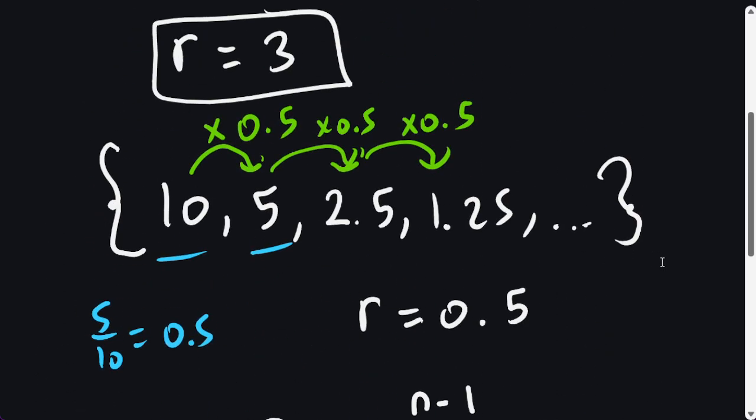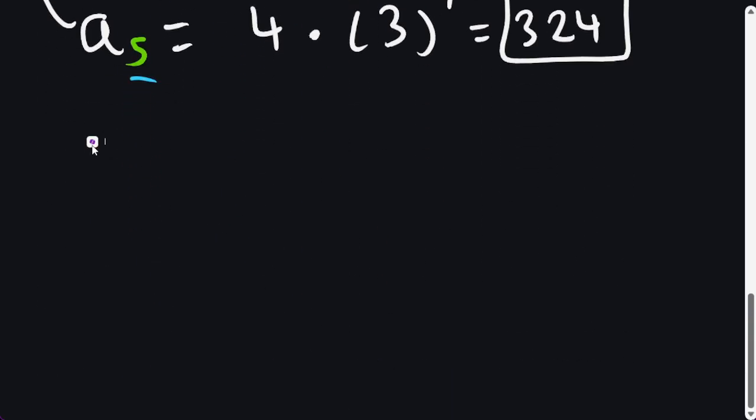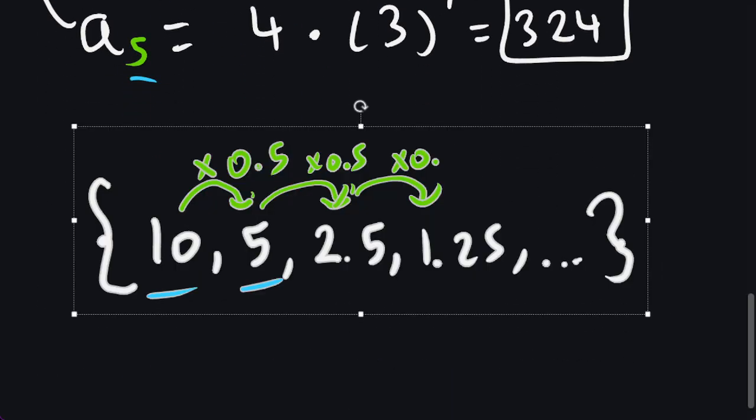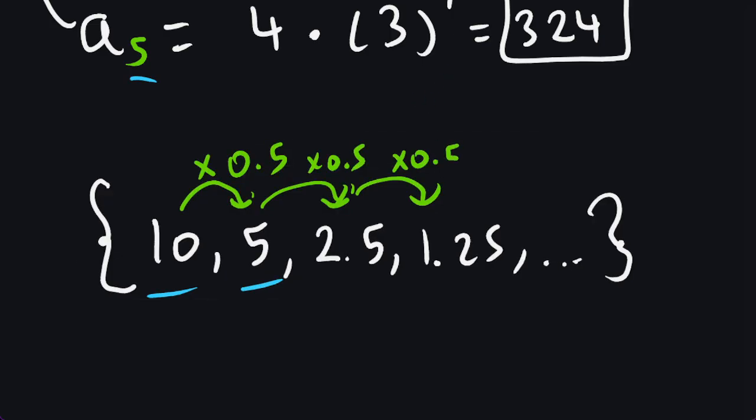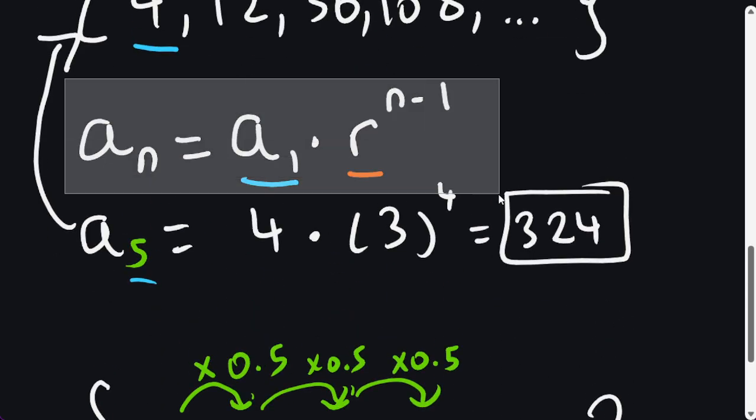Now let's find the fifth term of this sequence right here. Let me copy and paste this down below. And let's find a sub 5 for this sequence. Again, we already know the formula for a sub n.